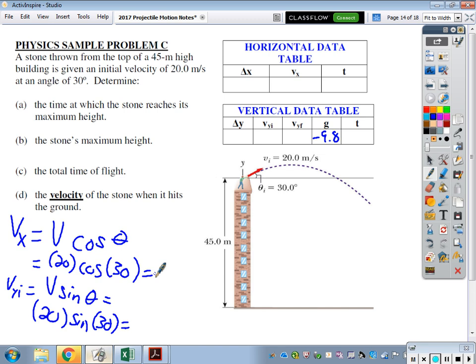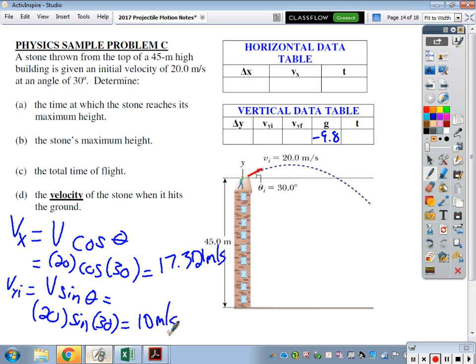And Carly, since you were a big help earlier, what do we get for Vx? 17.321 meters per second, absolutely. And Vyi? Good, 10 meters per second.